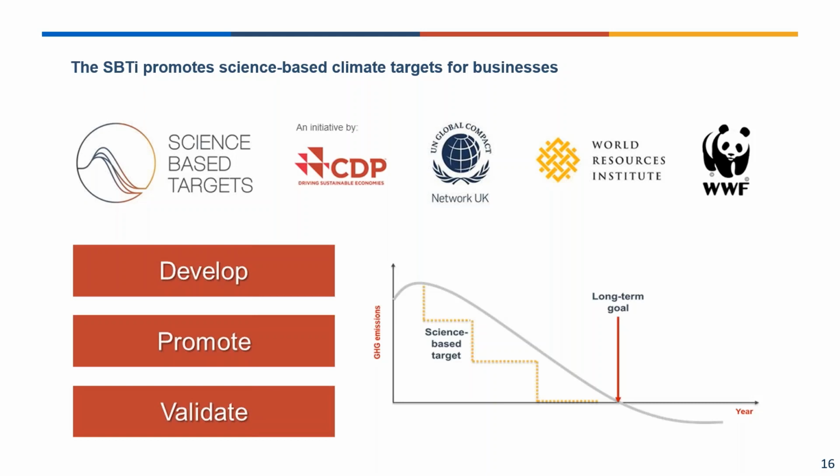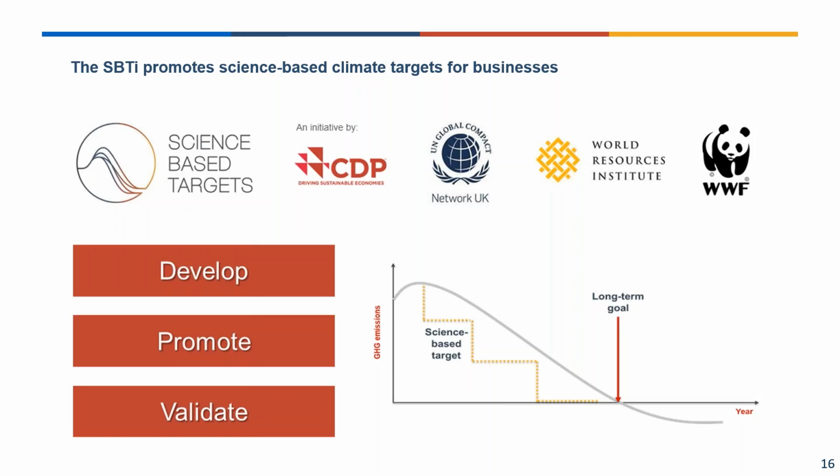So I'll speak a little bit about the criteria to validate targets. There are main criteria or core criteria from which sub-criteria derives, and I invite you to consult the extensive document in our website. So we have criteria for Scope 1 and 2 emissions.